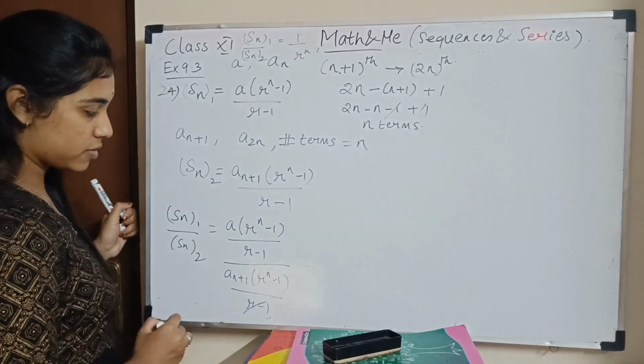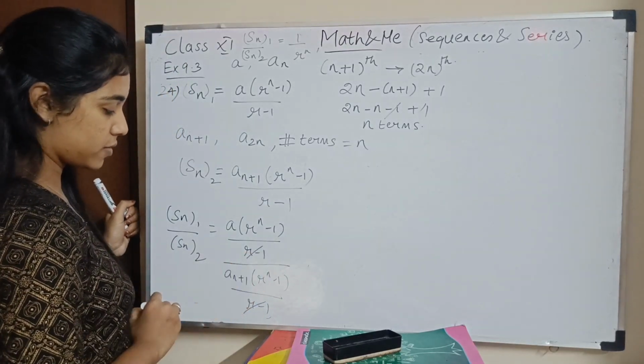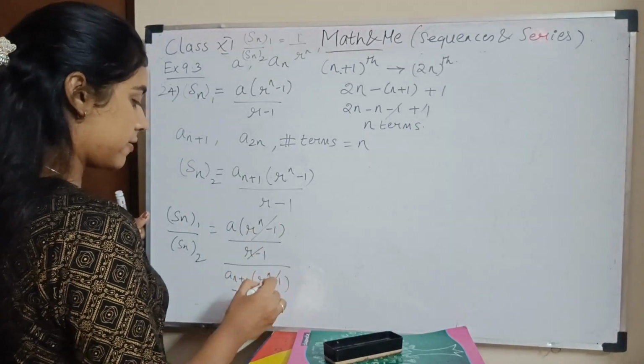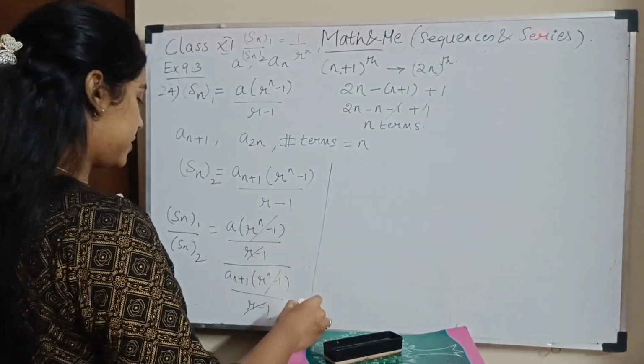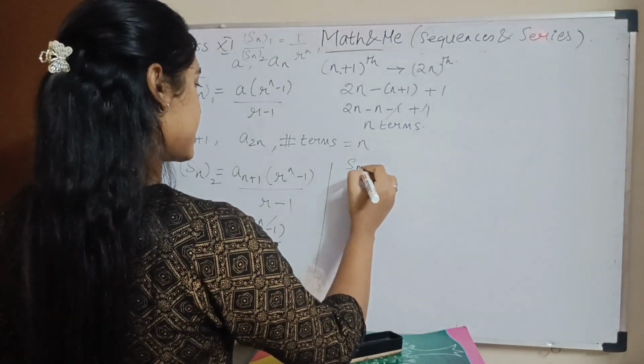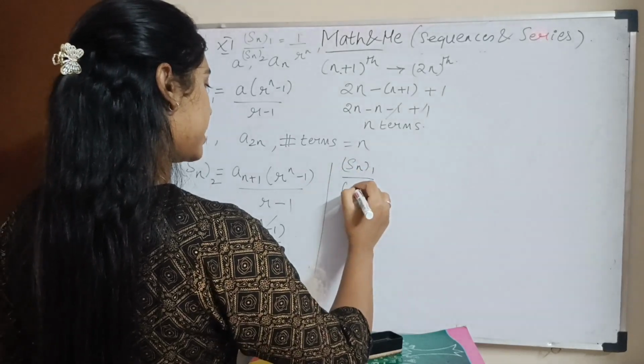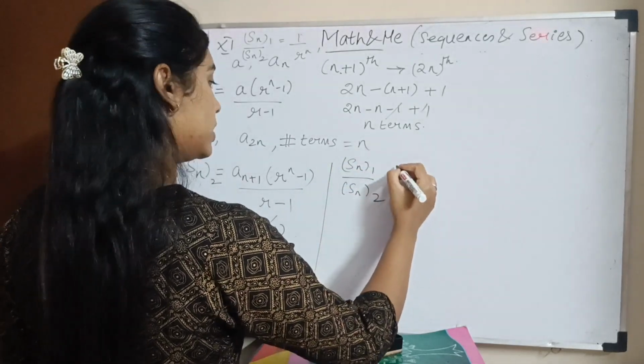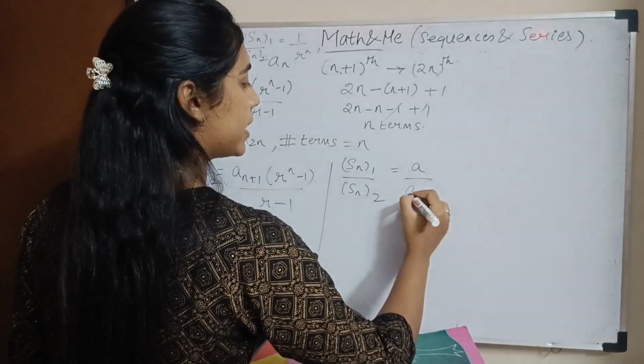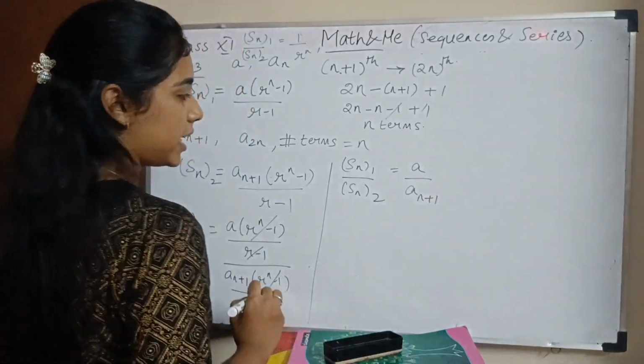This r minus 1 goes off and this r minus 1 goes off. So what am I left with? Sn1 divided by Sn2 equals a divided by a subscript n plus 1.